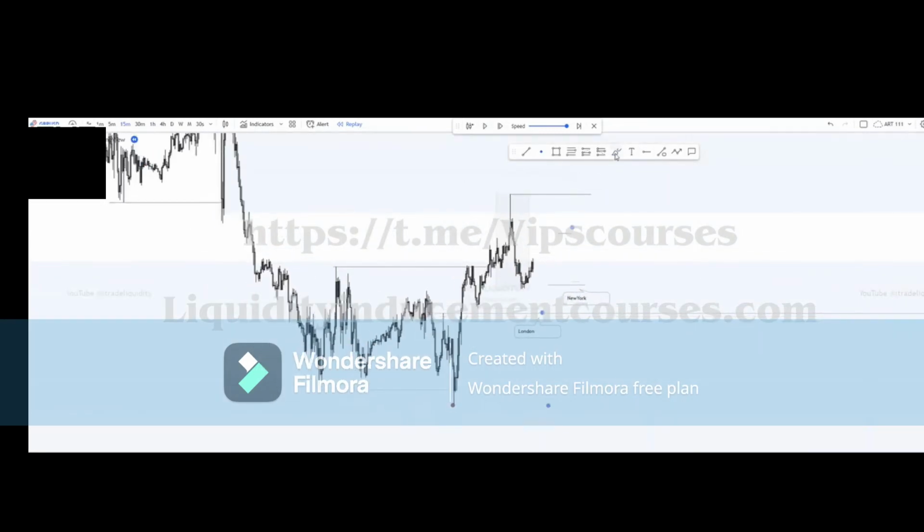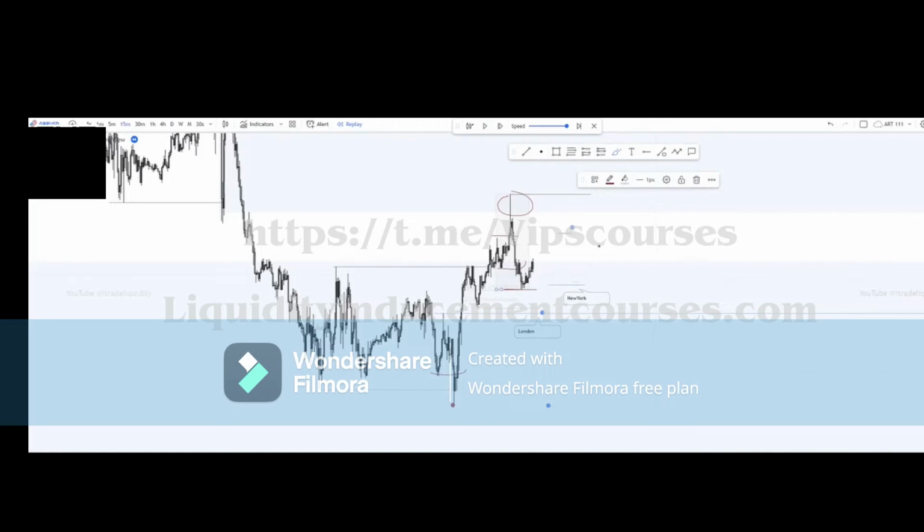Here we are. Price created its high, and now we have our low. You see that? That's our new range. Inside this range, we identified our internal range liquidity. Not only that, we also have Asia session liquidity.